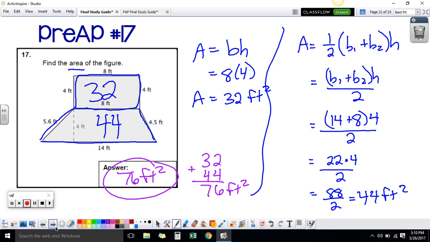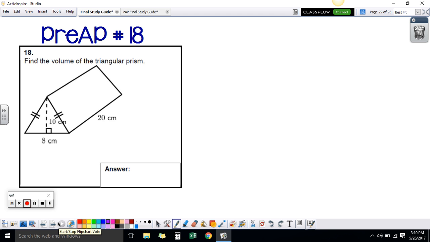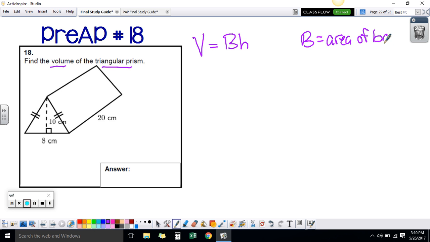Okay, number 18, pre-AP. It says find the volume of the triangular prism, and the formula that you'll be seeing next year is V equals big B times H. Remember, big B means area of your base, and in this case our base is the triangle.